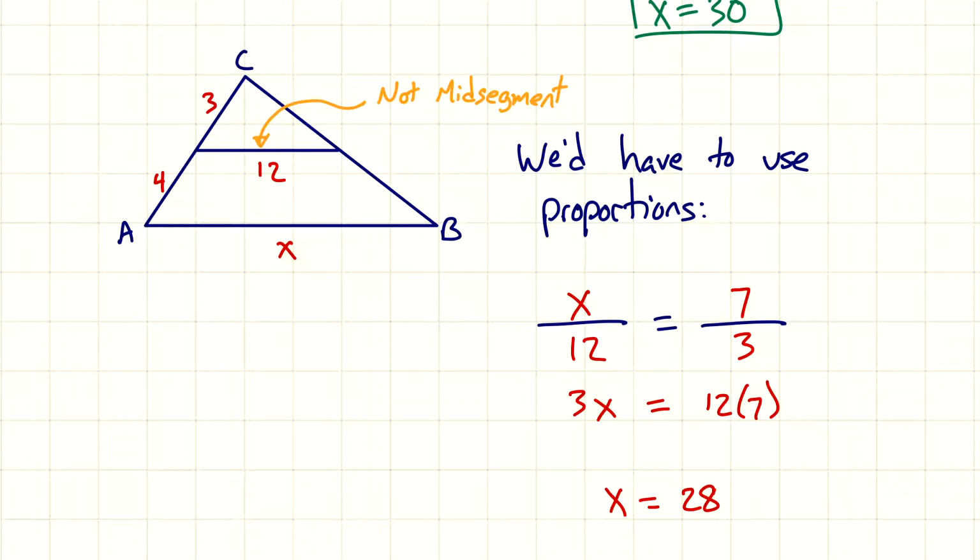And if you divide both sides by 3, we'll end up with 28. So I could show a couple of extra steps, but I know 12 divided by 3 is 4. So this is really 4 times 7, which is 28. So I didn't even want to multiply 12 times 7 because I was afraid I might make a mistake.